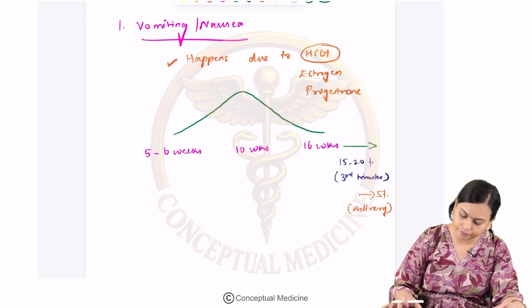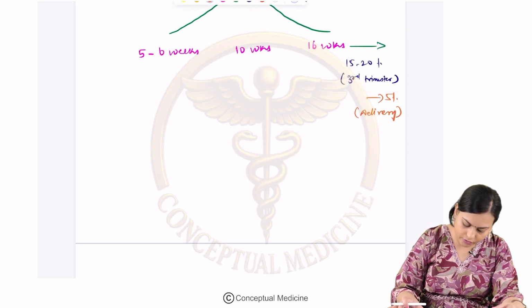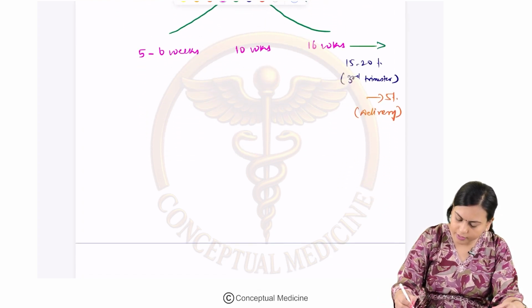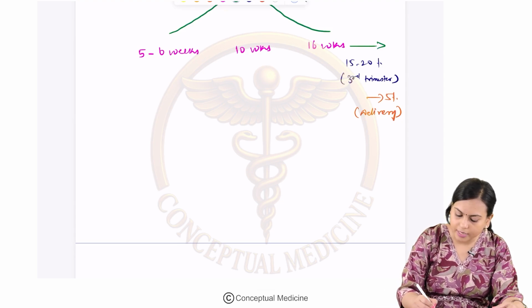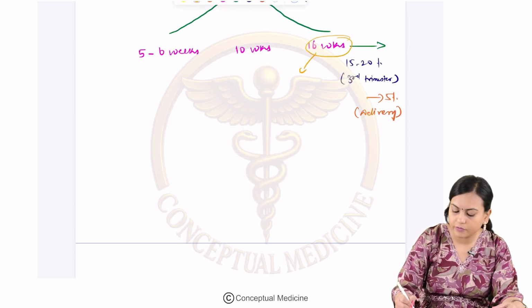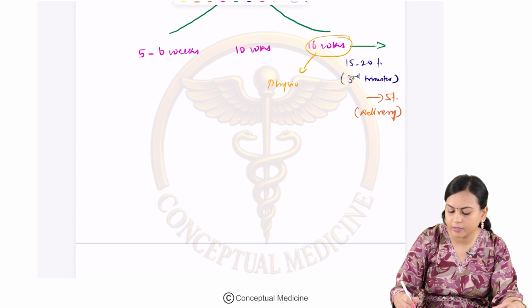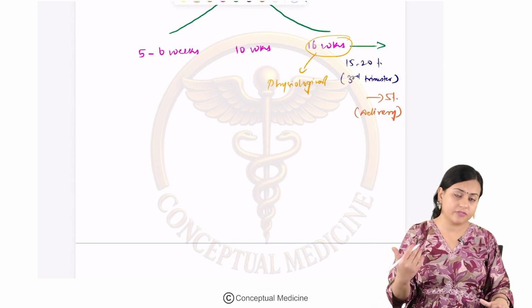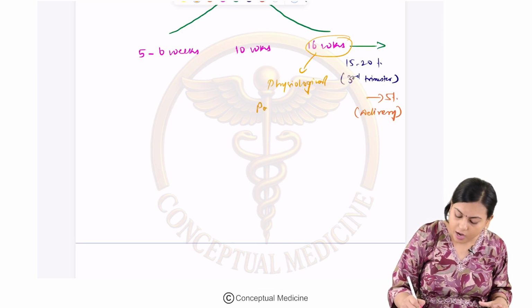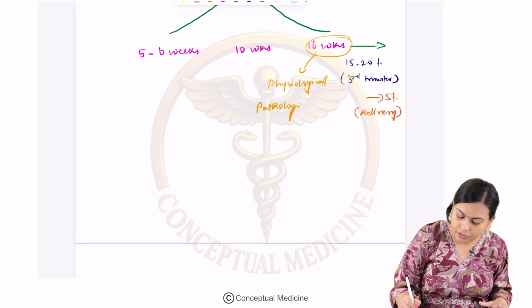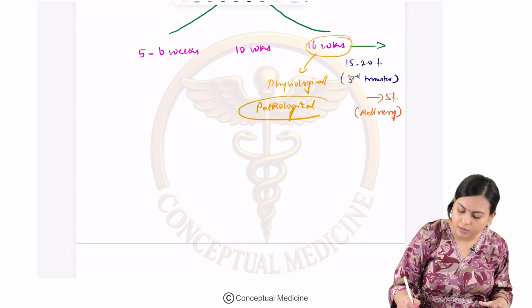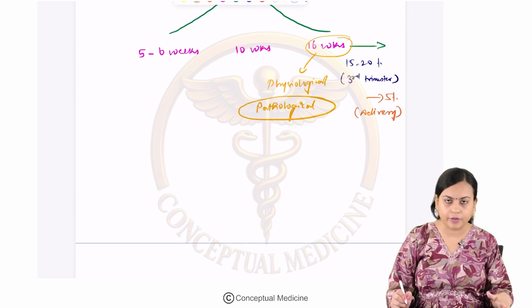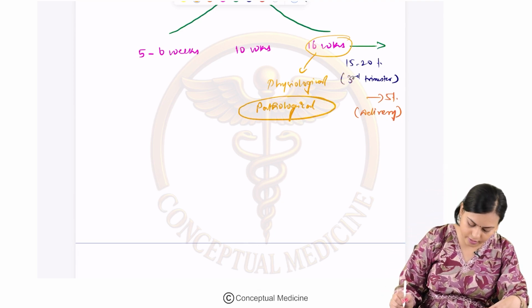Understood? Most of the time, if it occurs up to 16 weeks, it will be mostly physiological. But if it proceeds after 16 weeks, you have to keep some pathological causes in mind and try to rule them out.